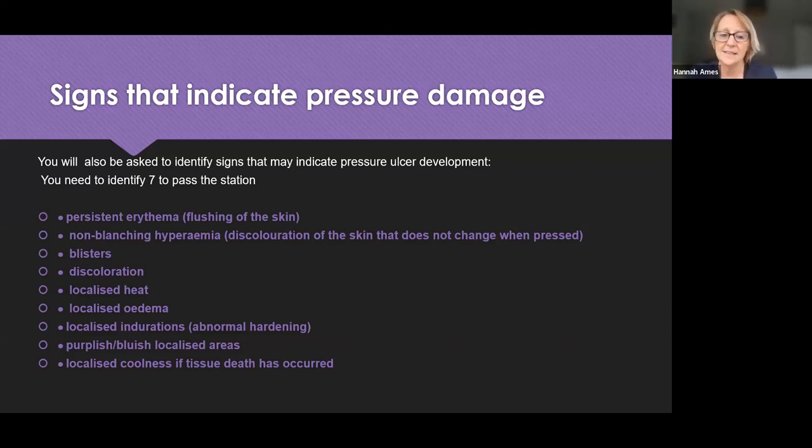Obviously, any blisters, any form of discoloration, localised heat and warmth in the area, localised swelling, localised induration, so any localised hardening as well, any purplish, bluish localised areas, that's obviously quite advanced pressure damage. And also if there's localised coolness, which occurs at the very severe end of pressure damage, which is when tissue death has occurred. Again, you need to remember 7 points of that in order to pass the station. So these are things you can pre-learn before your exam.